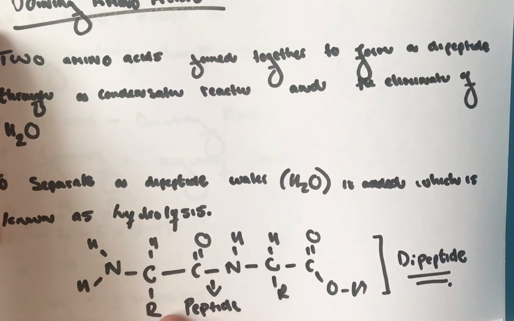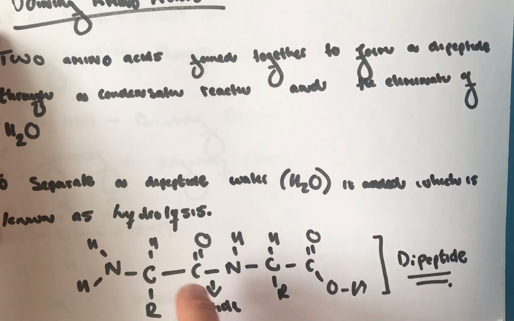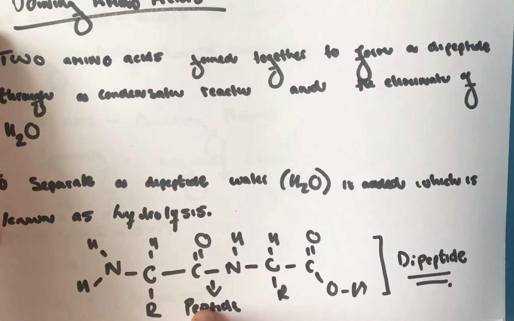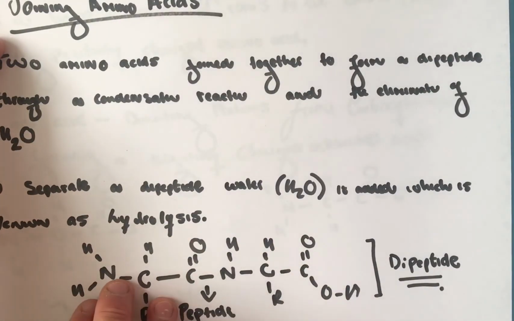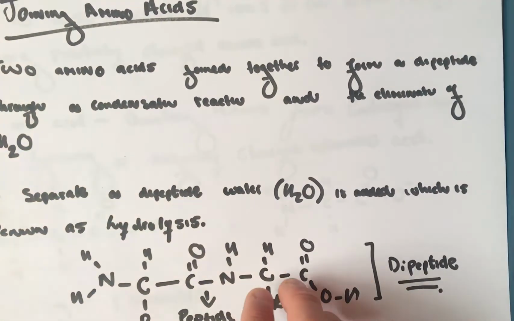So we have 1 amino acid and another amino acid joined together here to form what's known as a dipeptide, and as you can see, the CONH is clearly labelled as the peptide bond. C double bond O to N is the peptide bond, and this bond will break during hydrolysis where water is added across this bond to separate these 2 molecules, and form one amino acid and the other amino acid.